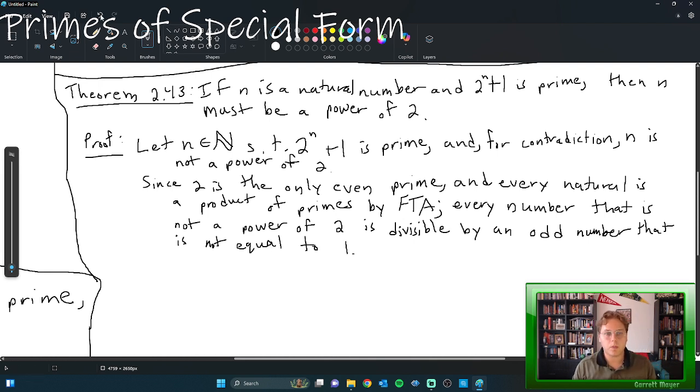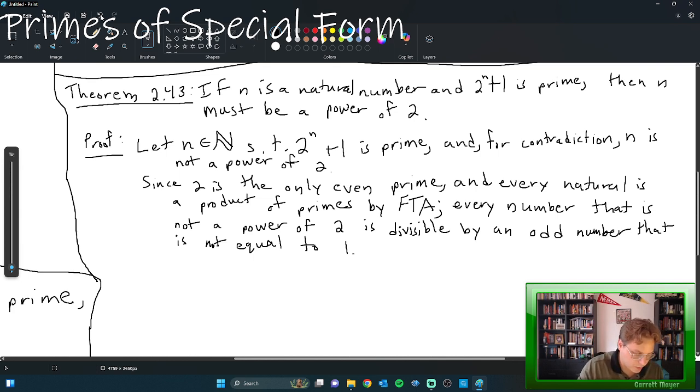And to understand this point, think about these natural numbers in terms of their prime factorization. If a natural number is not a power of 2, then there must be some other prime in there. Otherwise, it would just be powers of 2. You would have to add in some odd number to the primes, because the only even prime that you have an option for to choose is 2. And if you keep adding in powers of 2, or adding in 2, it just becomes a larger power of 2. The only way to make it not a power of 2 is to put in some odd prime into that prime factorization.